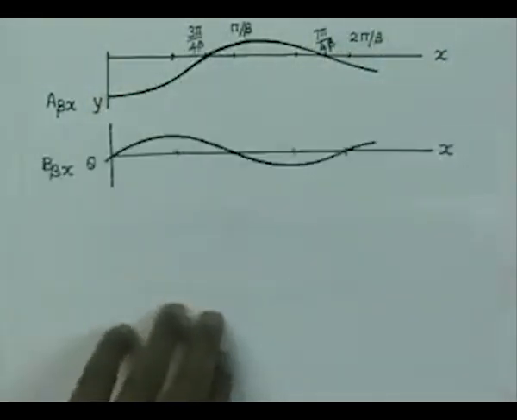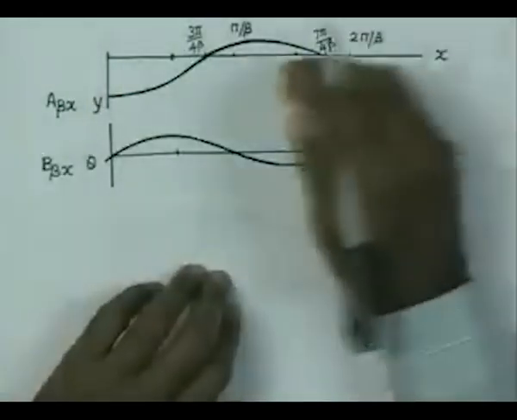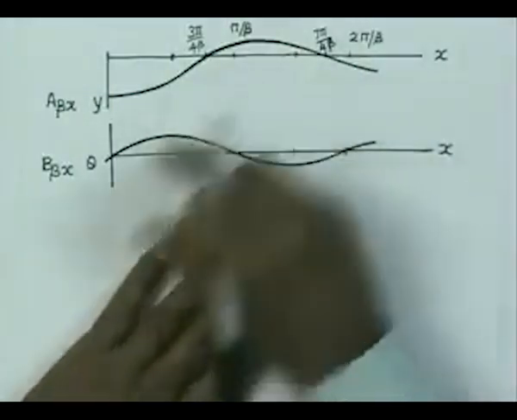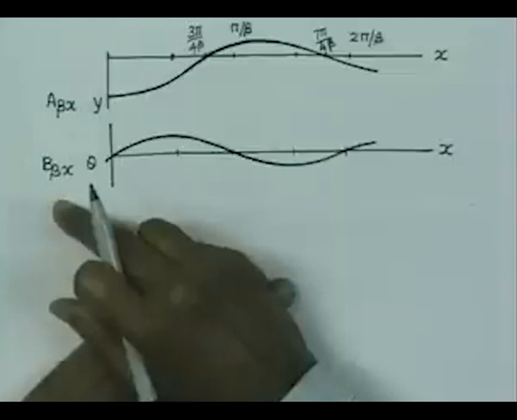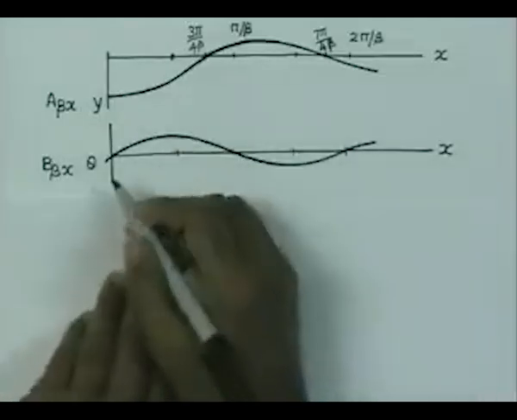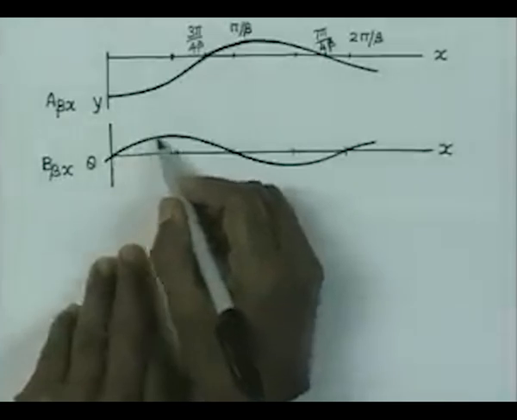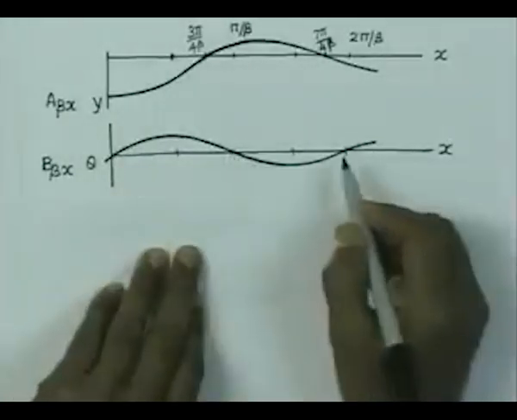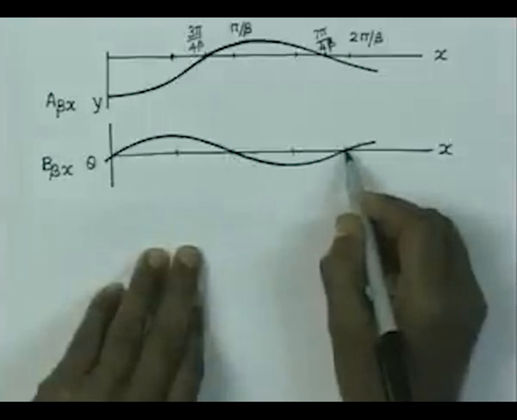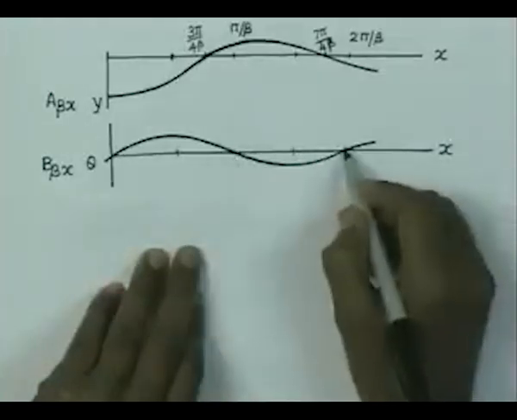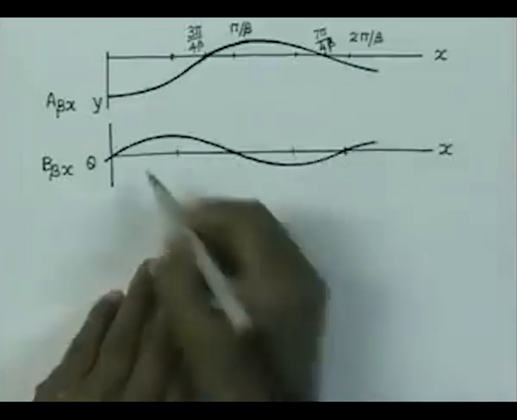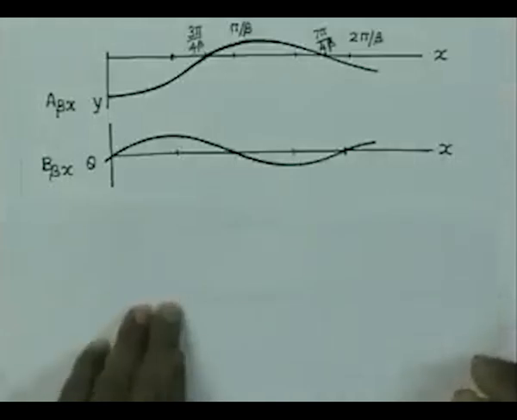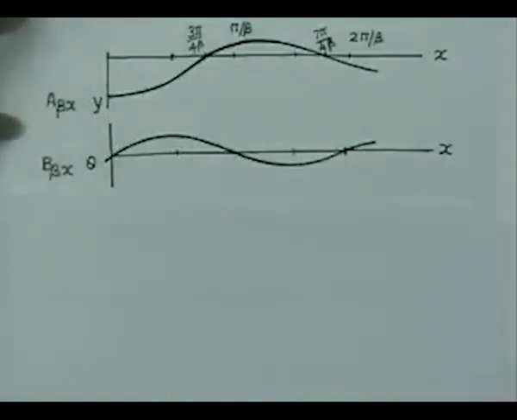The variation of the slope: A beta x, or deflection, is a symmetric function, as we expected, and B beta x is an anti-symmetric function and its shape is going to be like this. It has a node at pi by beta, another node at 2 pi by beta, and the amplitude gradually reduces as you move away from the origin. So, that is the variation of slope.